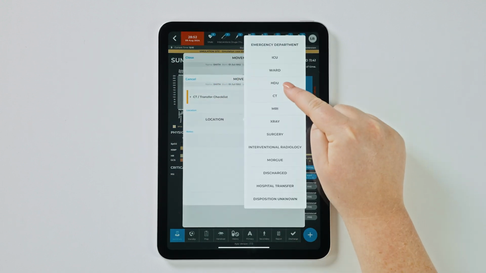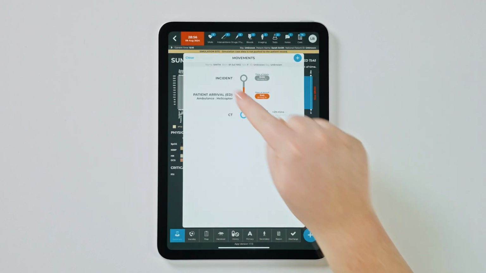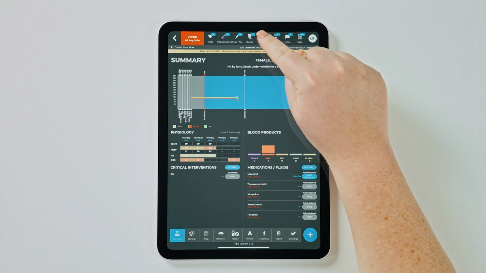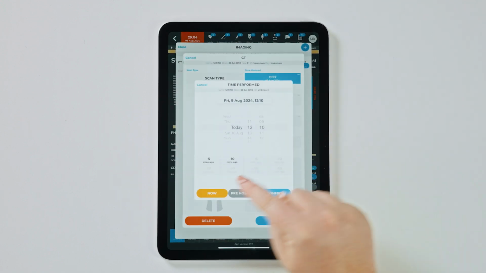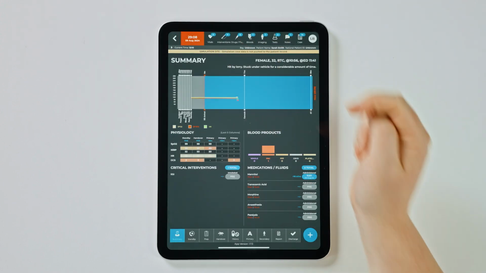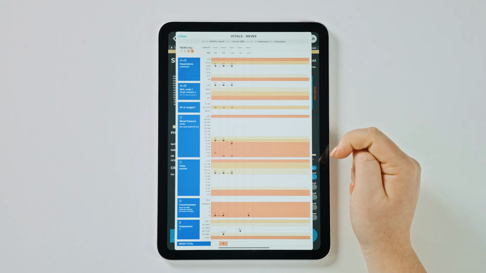Once Sarah has arrived in CT, the time of arrival is recorded. Whilst in CT, the scribe is able to update the time the CT scan was performed and is able to update Sarah's observations.